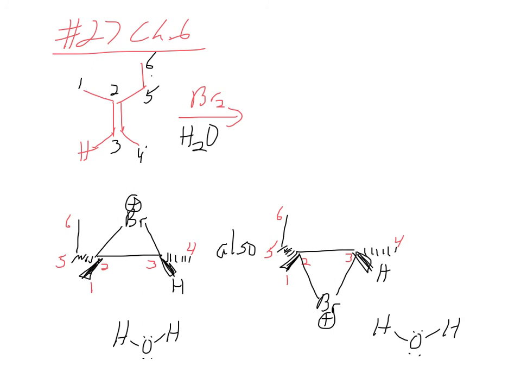So if the Br plus is up on this side, where's the nucleophile going to attack? From this side. Now also, what carbon is it going to attack? Carbon 2 or carbon 3? It's going to attack carbon 2. Carbon 2 is more substituted. It's more likely to be delta plus because it's more substituted. So have it attack carbon 2.